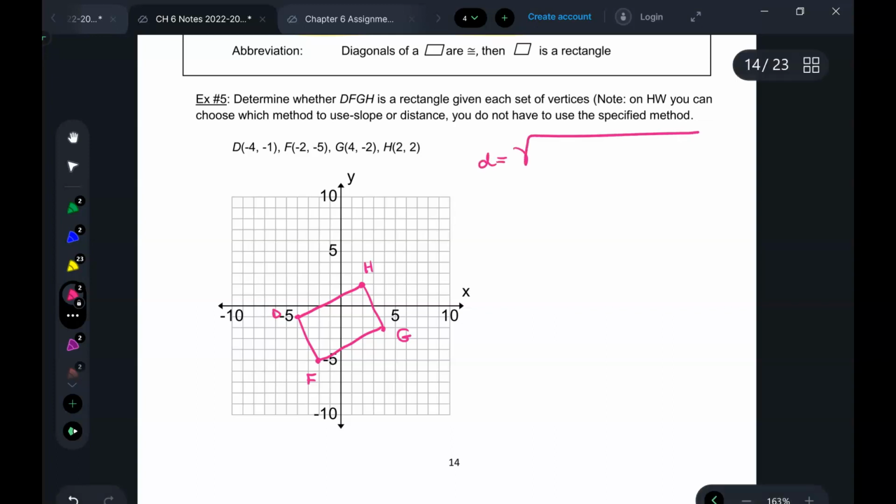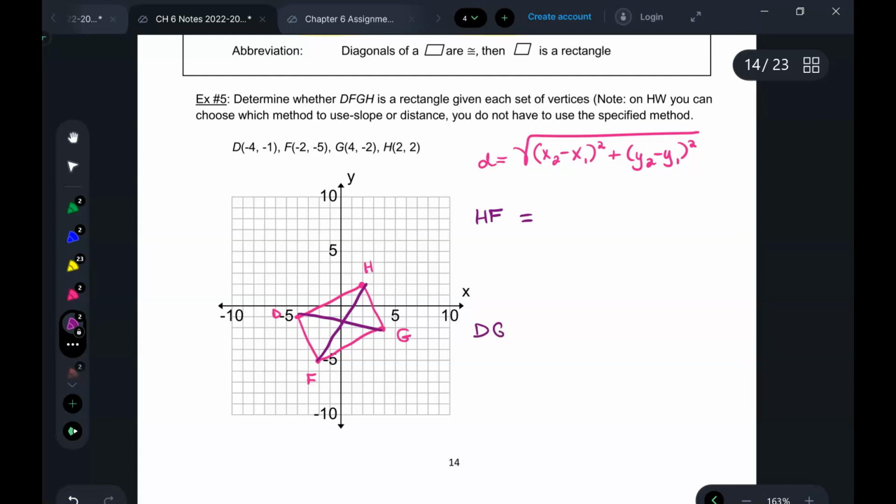So let's remind ourselves, distance is the square root of x2 minus x1 squared plus y2 minus y1 squared. Can we do slope? Yeah, but then you have to do it 4 times. This way you only have to do HF, and then we'll check DG.